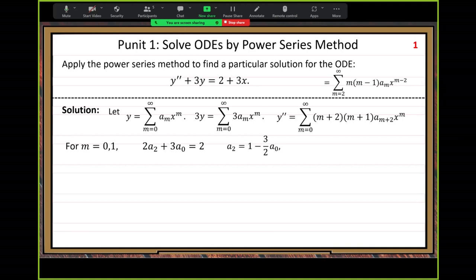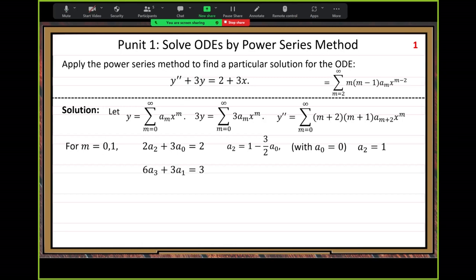Remember, we only need to find one particular solution. We just need to write the simplest particular solution. We can take a0 equal to 0. So then we just use a2 equals 1. Because we have freedom to choose a0 value. And for simplicity, we choose 0. So that term is gone.